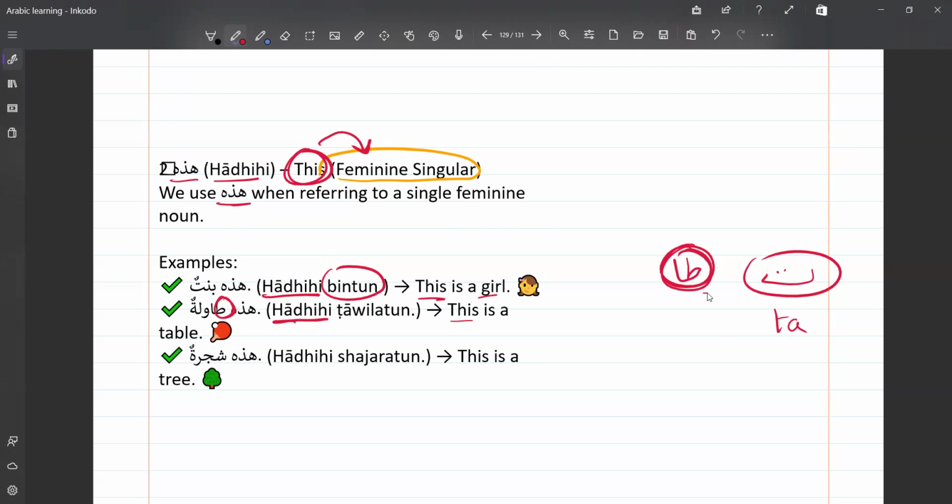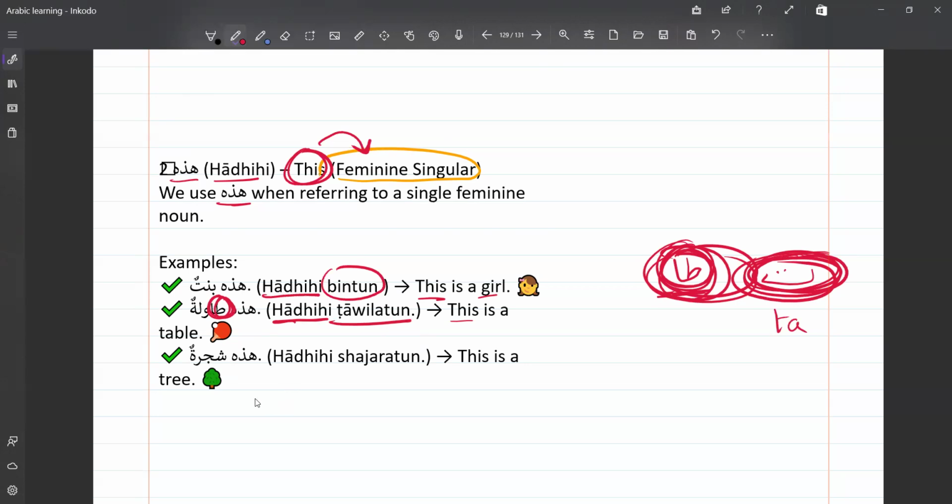Ta, to, ta, to. So since in the word table there is to, we will say هذه طاولة, since طاولة means table in Arabic.